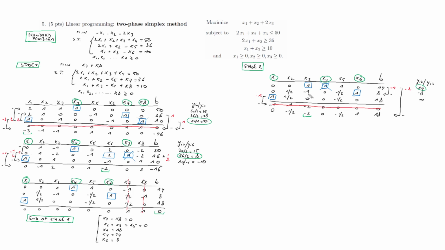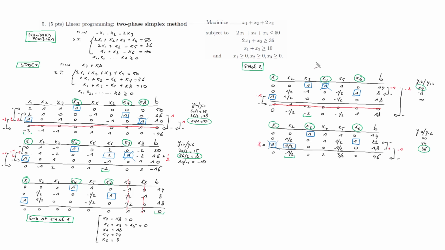We have to create zeros below this new pivot, so we have to create a 0 over here. This is done by this elementary row operation, and we have to create a 0 over here, and this is done by this elementary row operation.